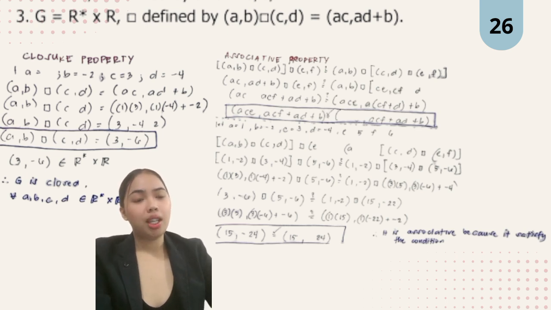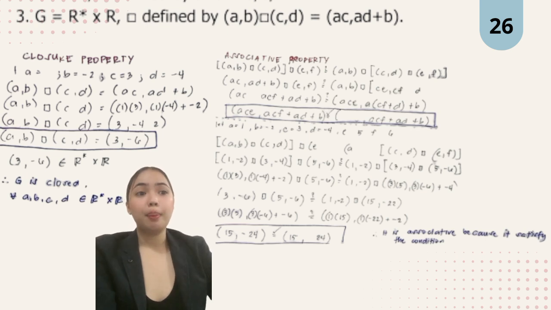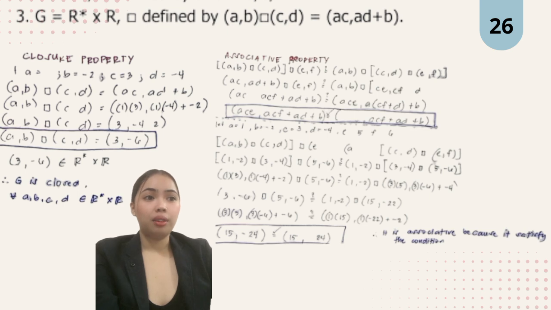Next, let's proceed to associative property. So (A, B) times (C, D) times (E, F) is equal to (A, B) times (C, D) times (E, F).